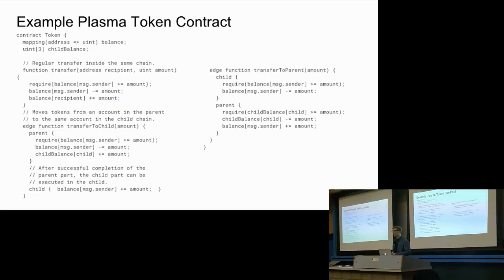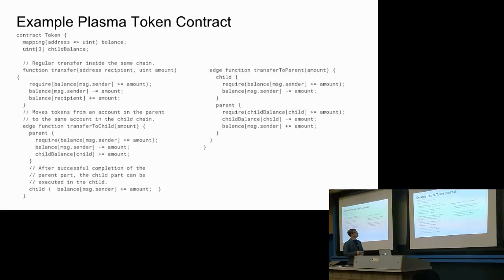And now let's take a look at a very specific example. This is how you could implement such a token contract in the Plasma system. This is a slight variation of standard Solidity, and we have a token contract here. It has a mapping of balances, and it also has these three integer values which track the sums of the balances in the child chains, or where the tokens are locked.